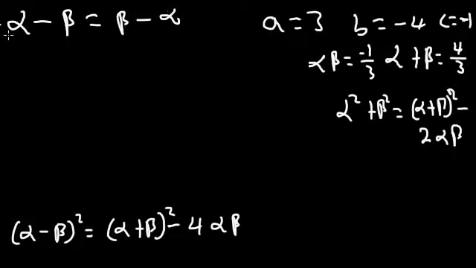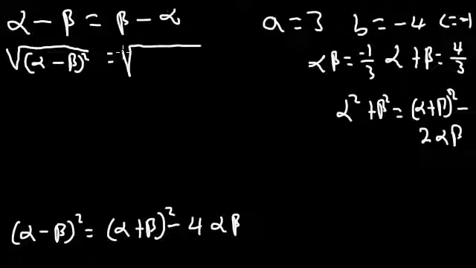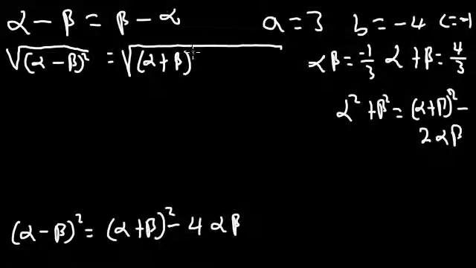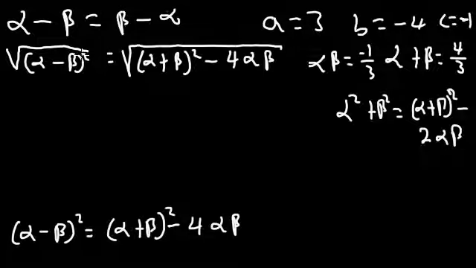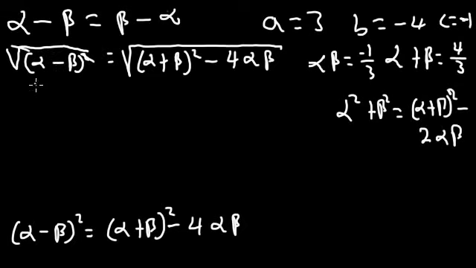Taking the root of both sides, we have the square root of alpha minus beta all squared equal to the square root of alpha plus beta all squared minus 4 alpha beta. Notice that the square cancels the root on the left hand side, and left over is alpha minus beta, which is what we are looking for.